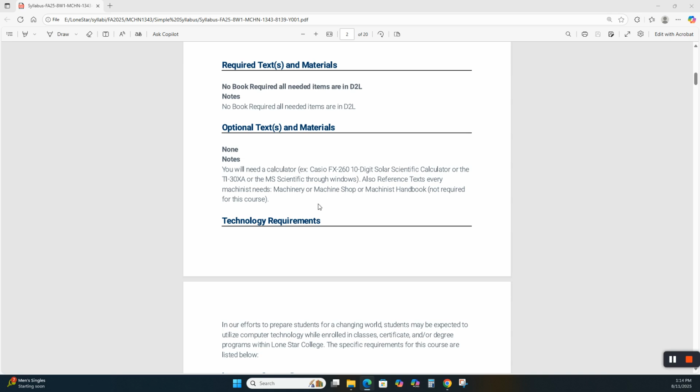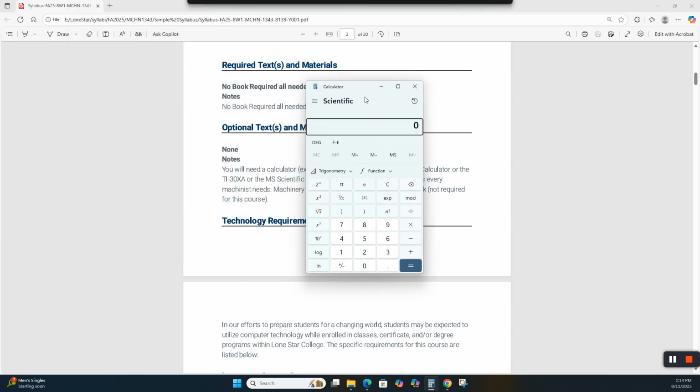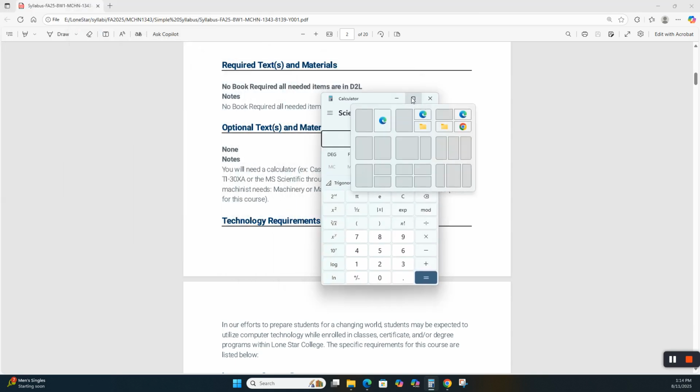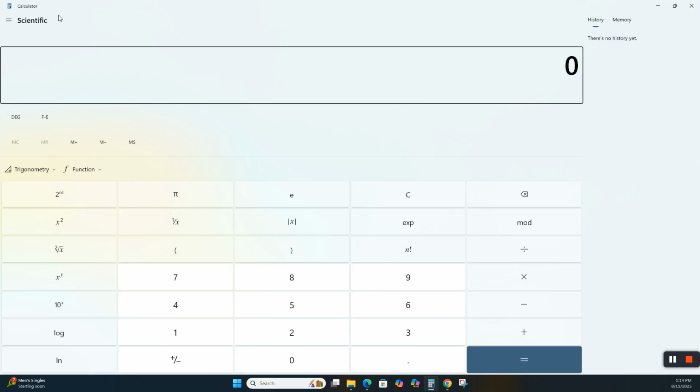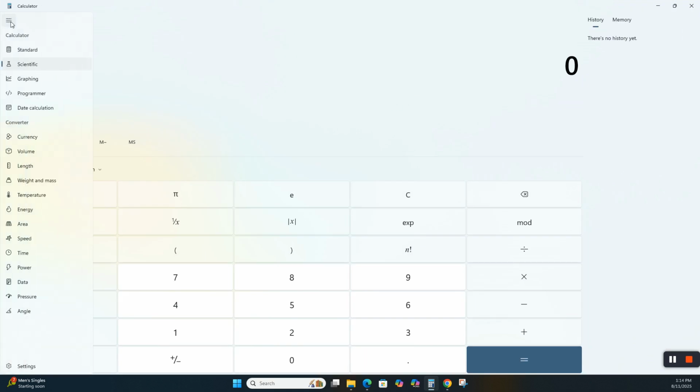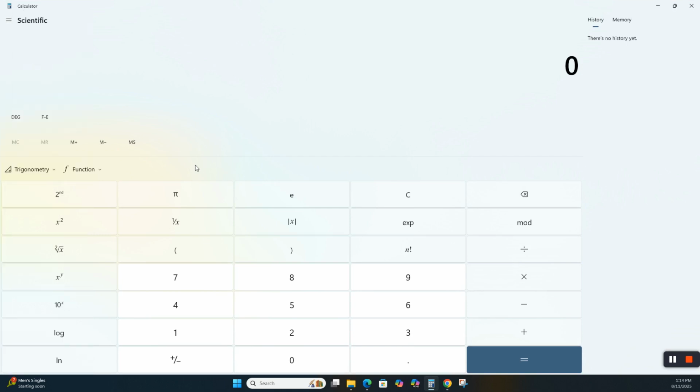All right. Now in Windows, there is a calculator, and you might get by with that. Okay. Let me drag the screen over. This is the Windows calculator, and scientific. I like the scientific, but it's got all kinds of stuff. Use the scientific deal. It's got all the trig functions.